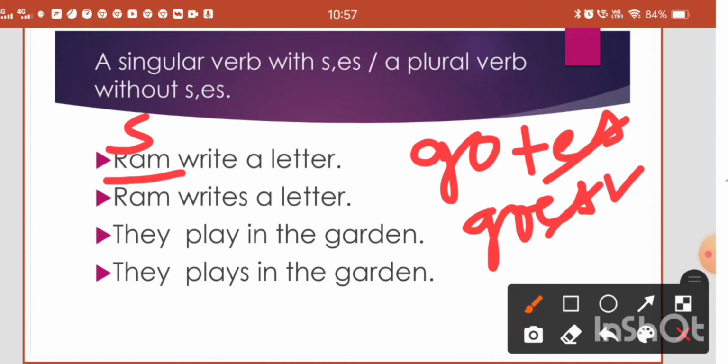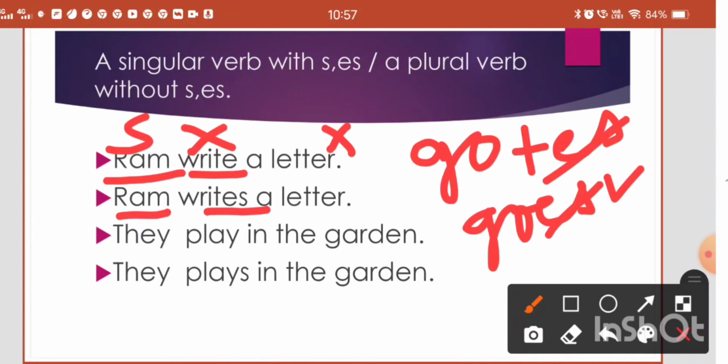Subject is singular or plural? Singular. So the verb should be singular. But the singular verb is, we have to add S or ES to the first form. No S or ES is added here. So this is a plural verb, not a singular verb. So no agreement between the verb and the subject. So this is wrong.